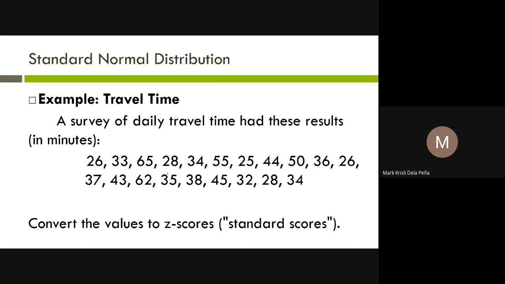Okay, let's take this example. A survey of daily travel time has these results in minutes: 26, 33, 65, 28, 34, 55, 25, 44, 50, 36, 26, 37, 43, 62, 35, 38, 45, 32, 28, and 34.